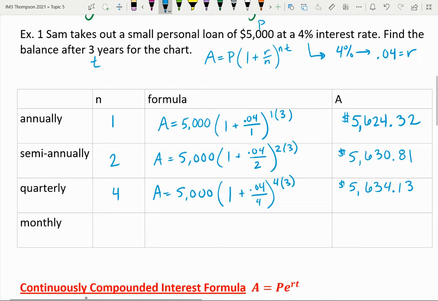See how it worked out for you. And then for monthly, my final amount is $5,636.36.